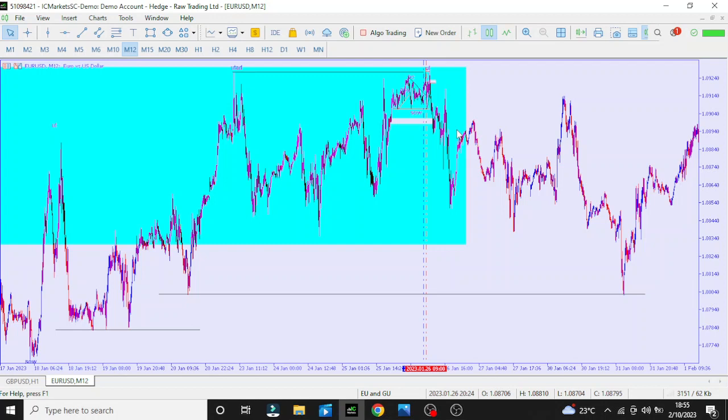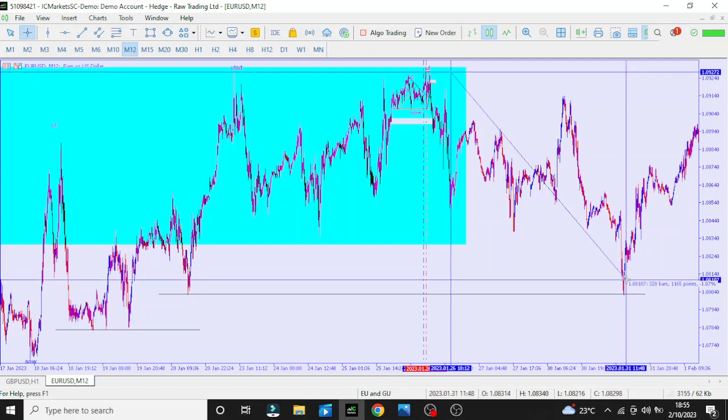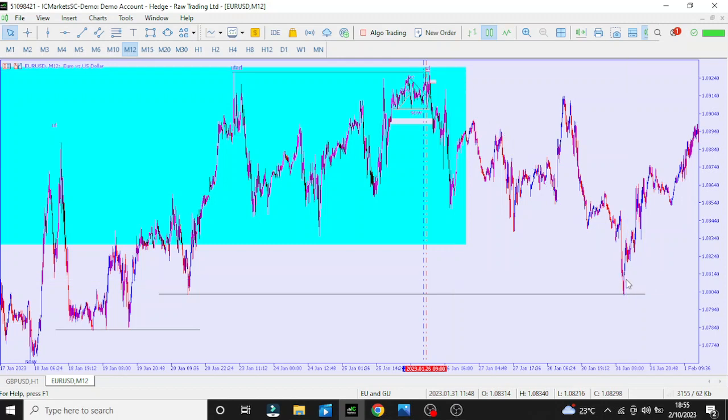So this trade had a lot of potential. Alex took this entry around here. Around this point, Alex had already got 1 is to 33 RR, and my entry was around this area.